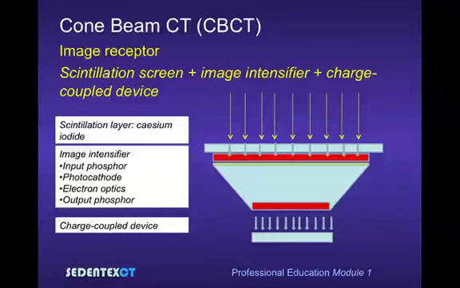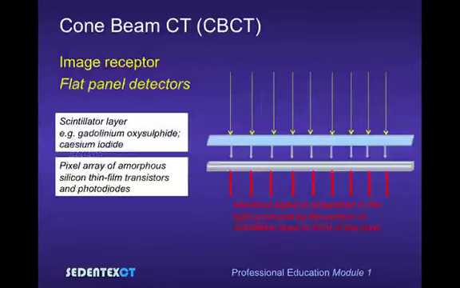This light output is passed through an image intensifier, which, as its name suggests, intensifies the strength of the information, and this passes out of the output phosphor again as light to be picked up by a charge-coupled device, which is basically a video camera chip. The second method of capturing images used in cone beam CT scanners is to use flat panel detectors.